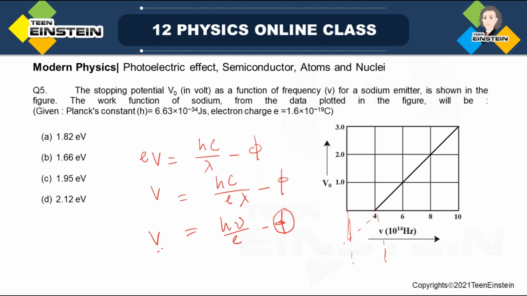So if we plot the stopping potential as a function of frequency, then the slope will be given by h by e. What is the intercept? The intercept gives the negative potential, or sorry, this is the work function.